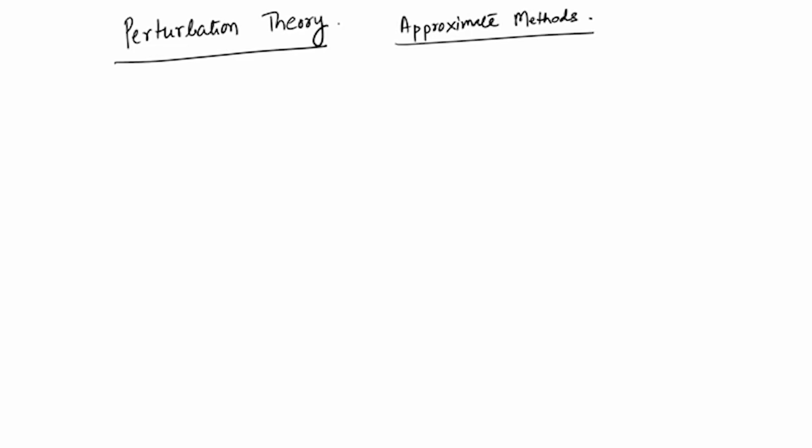How good that approximation is will depend upon how controlled the approximation is, and how well we can explain these situations as a limiting case, or when this perturbation goes to 0, whether we recover the results that we have obtained for the unperturbed problem.